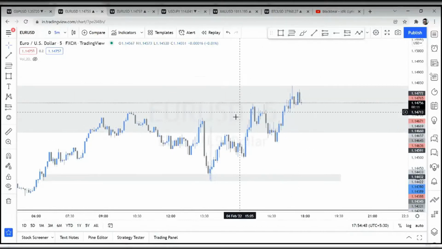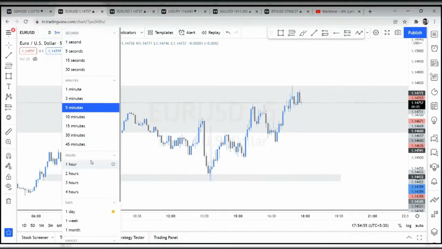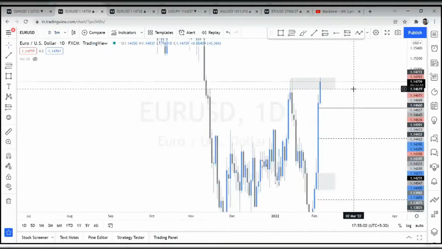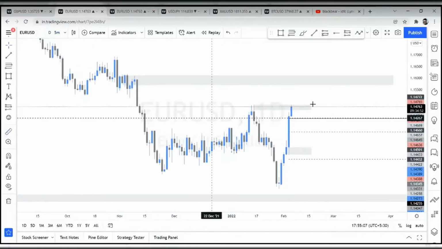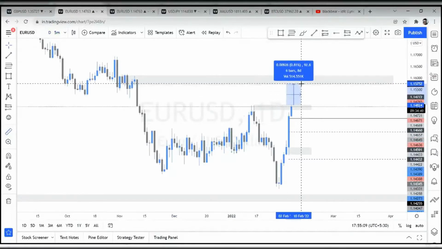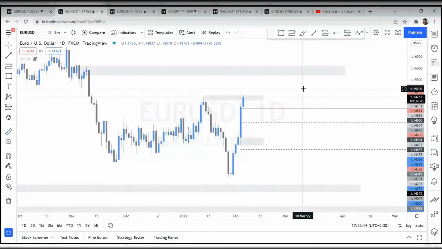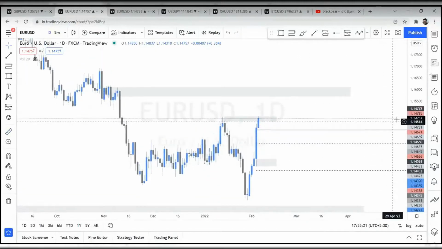So this was basically what was happening, and NFP is in about 1 hour. So let's just discuss a bit about that. I don't have much idea about this because I do not trade news, but the expectation is, what are the pips from here to here? It's about 100 pips, 90 pips. Let's call it 100. So we know that price moves about 100, 200 within the first 5 minutes.